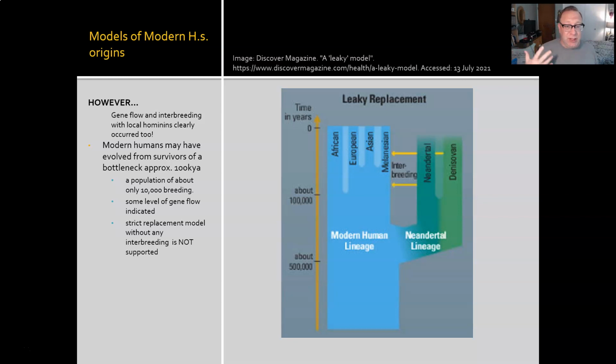But it leads us to a different kind of model. In other words, although there is definitely a replacement model going on here, it's kind of leaky. So in this sense, we can assume gene flow from Neanderthal and Denisovan populations to all non-African populations.